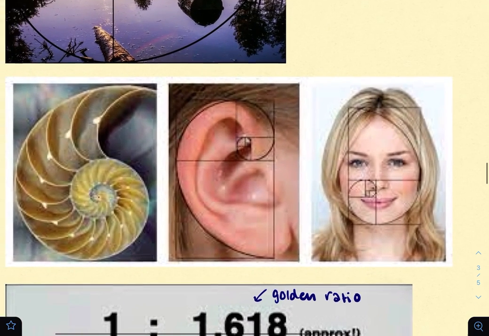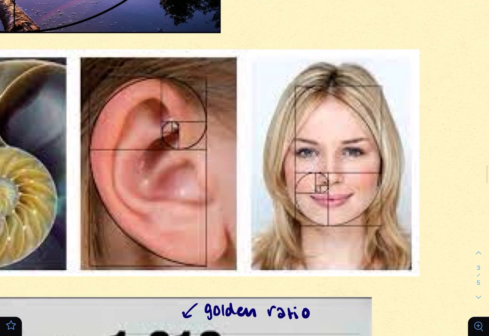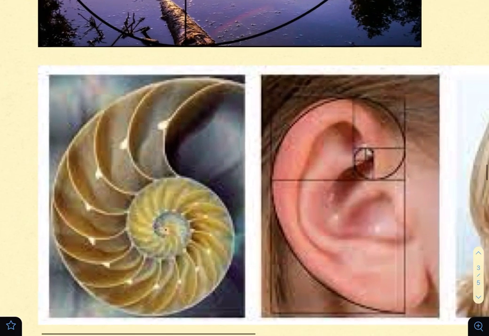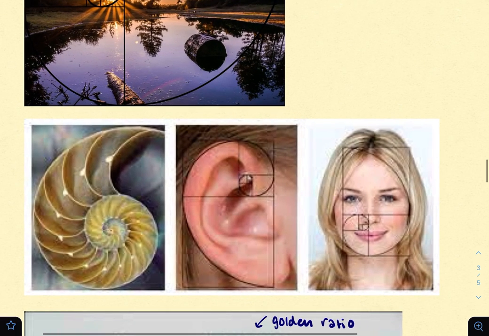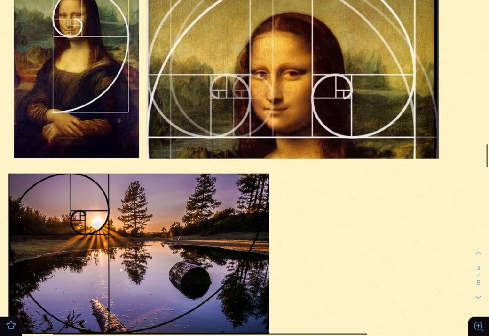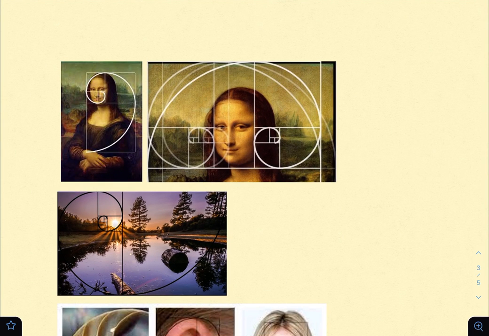If you look at the human body, the ear, you can see that the spiral gives you the shape of the ear. Or this face, you can draw a spiral in it. Shells, we already saw an example below, but you can see the spiral here. This can also be used in nature.